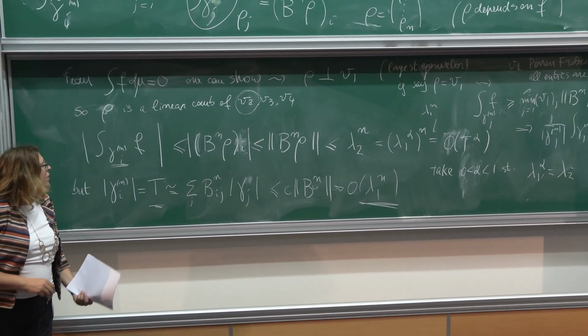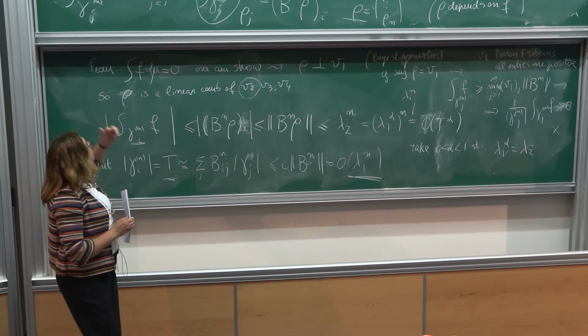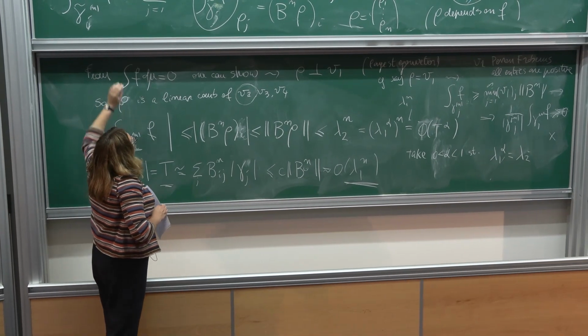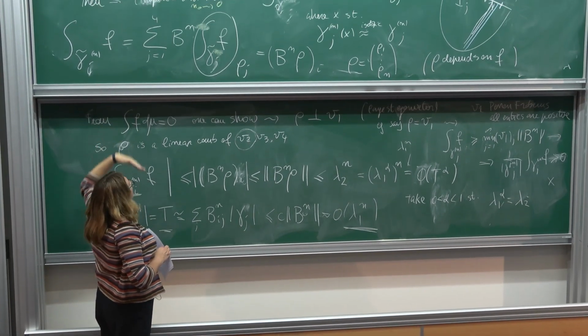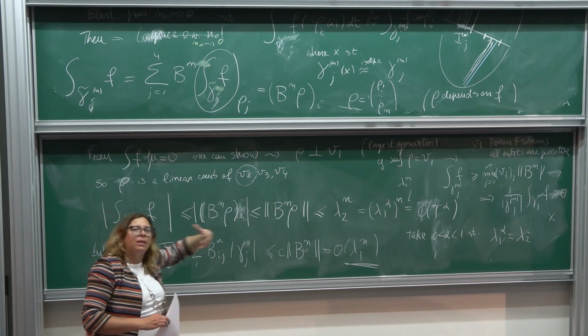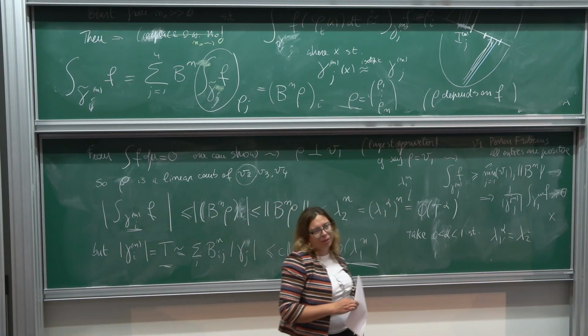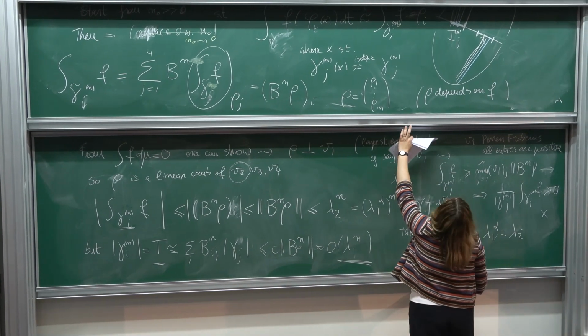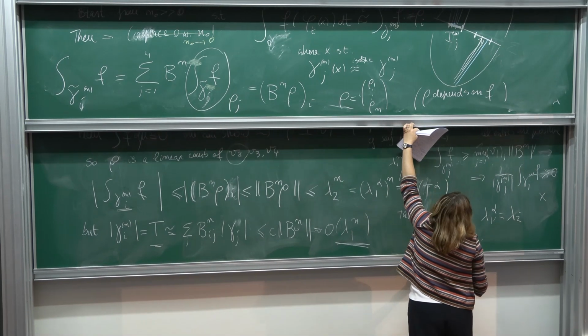Okay, I think I'm out of time. So this was for special curves, just one word. If you have another trajectory which is not special, you can decompose it into these special trajectories. Maybe if you want, I can tell you more, but it's not the most technical part.